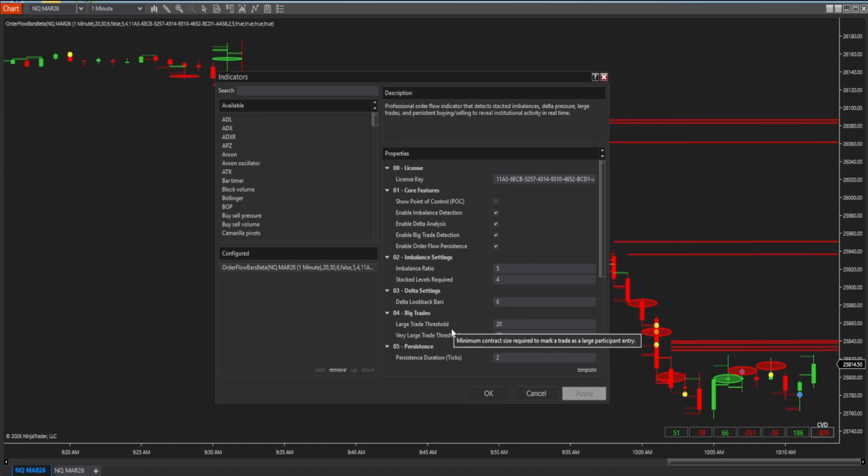And then the big green circles, red circles are the very large trade threshold. Now the dots show between 20 and 29 contracts. So it could be 25 contracts, and it has to be 25 contracts for one order. And then the very large trade is 30 or more contracts in one trade. So that's what I have here.